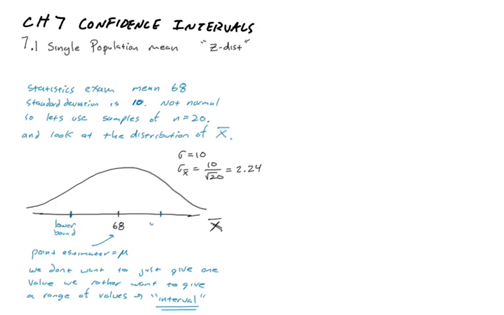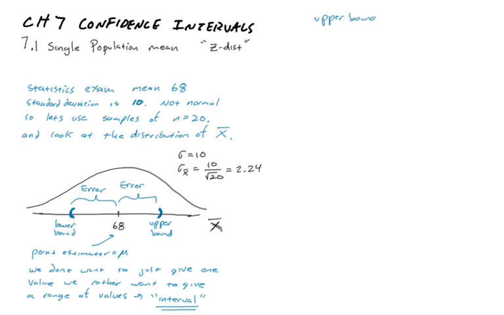And so we're going to want to have a lower bound and an upper bound. That's going to be the interval that we talk about, a lower end and an upper end, and it's going to be centered around that point estimator, right around the mean there. We call the distance from the mean to that upper bound the error. And so we actually have a width of 2 errors there.